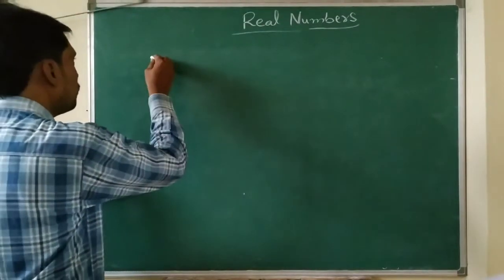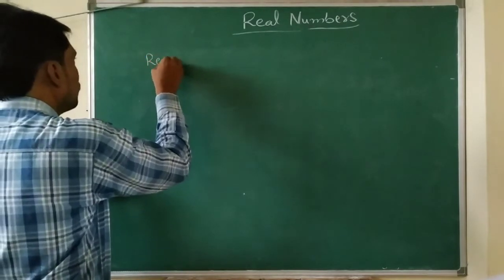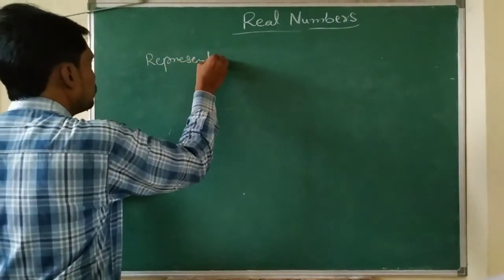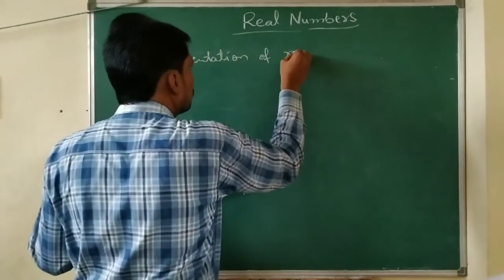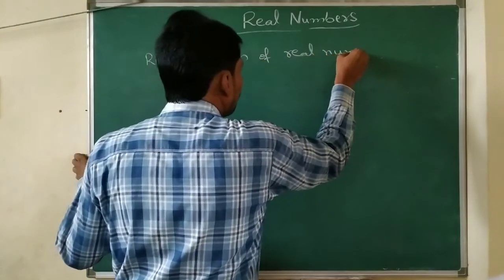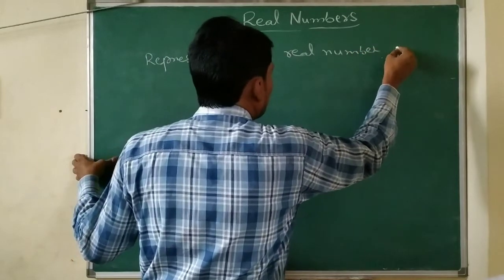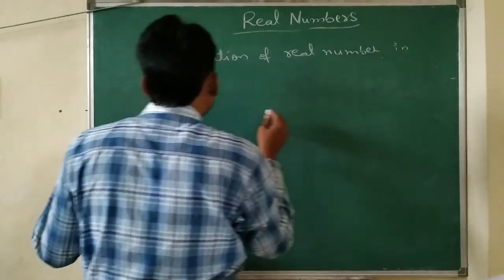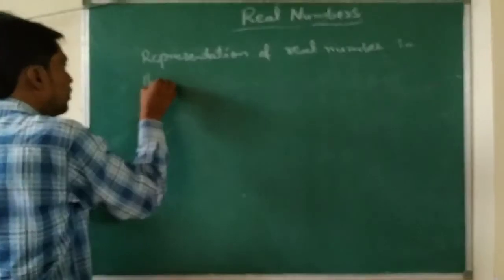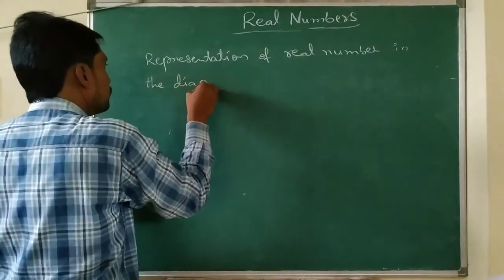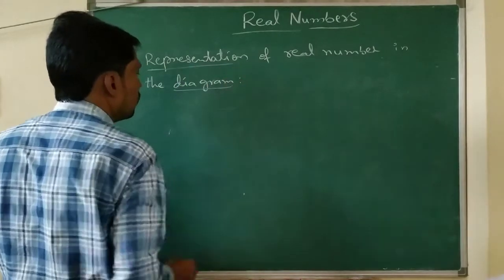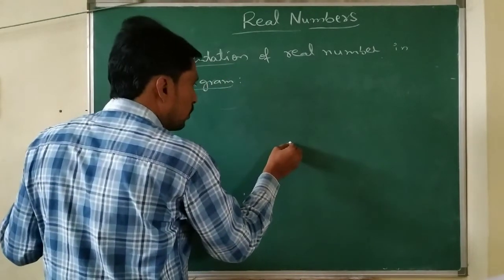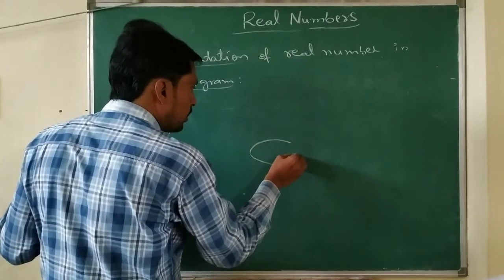Representation of the real numbers in the diagram. First are the natural numbers.